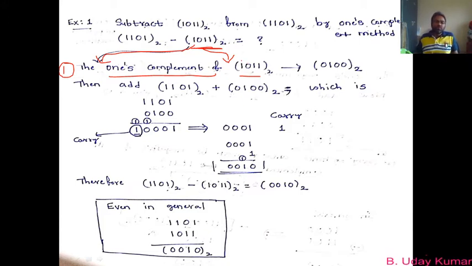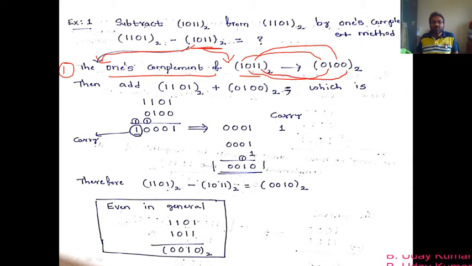The first 1 is replaced by 0, the next 0 is replaced with 1, the next 1 is again replaced with 0, and the last 1 is also replaced with 0. That means you get 0100 to the base 2. So this becomes the 1's complement of 1011.